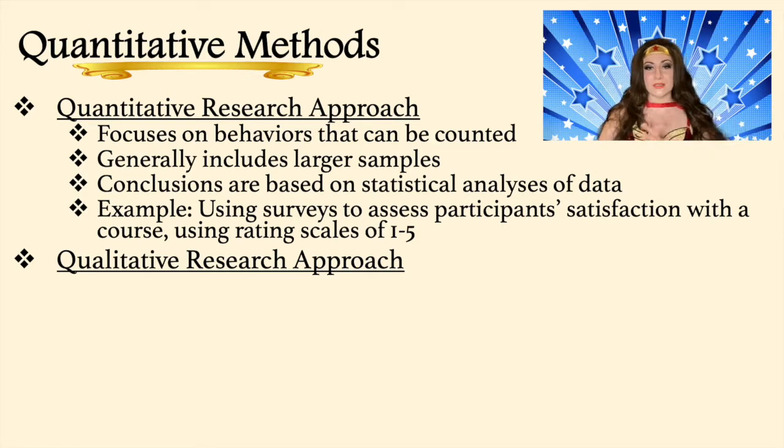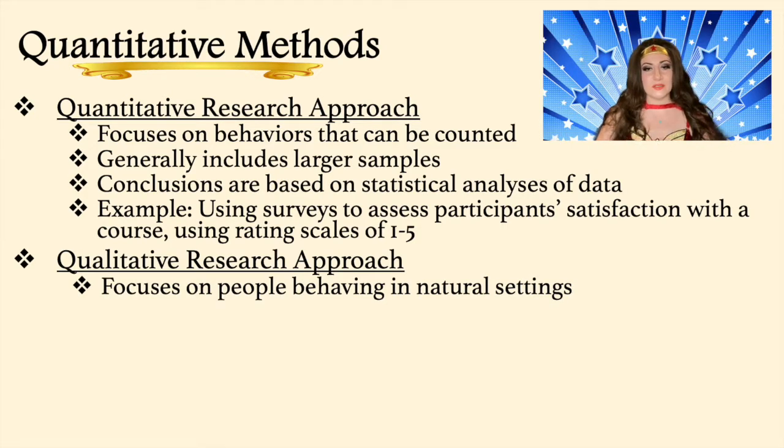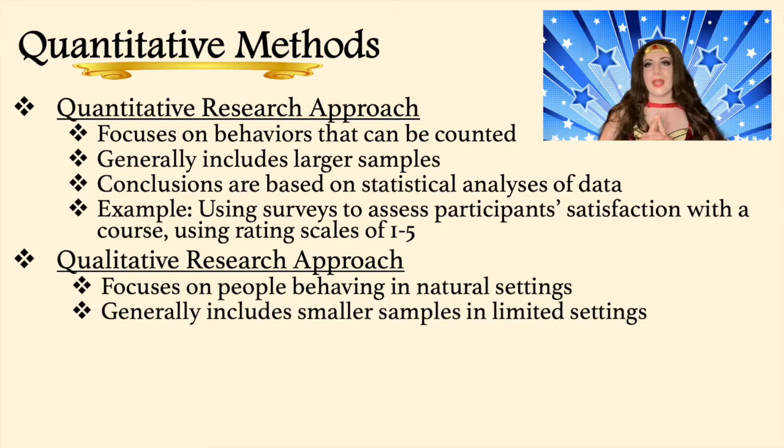In qualitative research, on the other hand, we tend to focus on people behaving in natural settings. In fact, we often use qualitative research in the field for naturalistic observation. Generally, the qualitative research approach includes smaller samples in more limited settings.